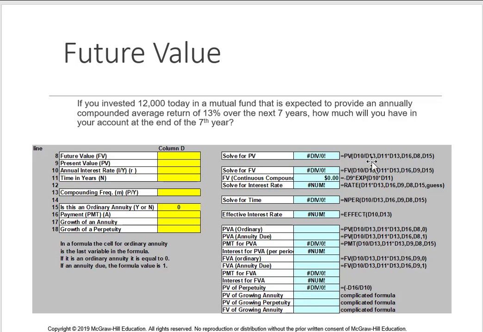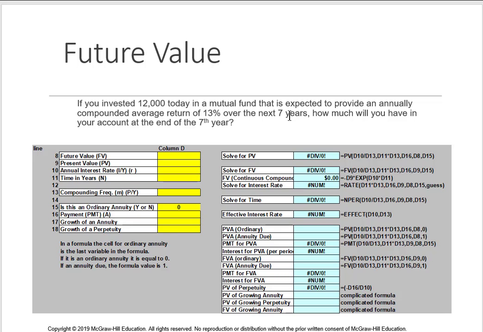The formulas then are here for almost all of the items or all the problems that you might want to ask. So let's go through and talk about this problem. You want to invest $12,000 today. It's expected to earn on average annually about 13% for 7 years. How much will you have at the end of that 7 years? So if we look, we know what?